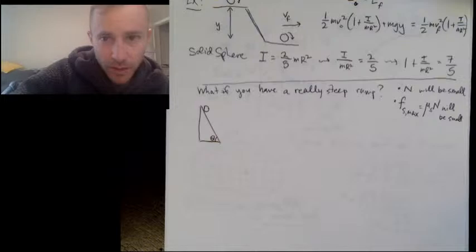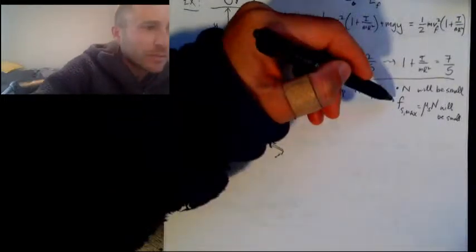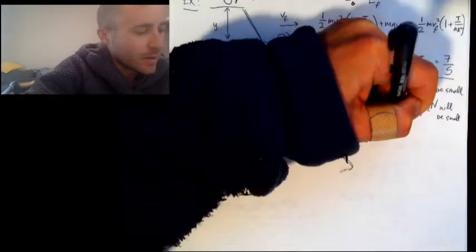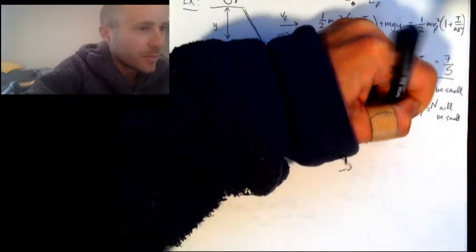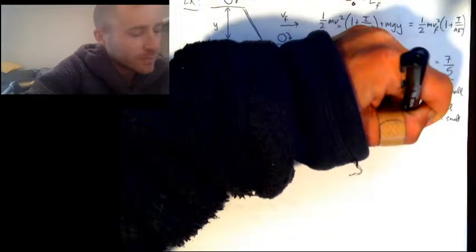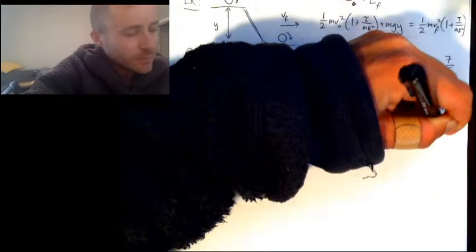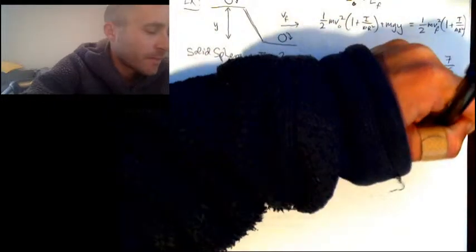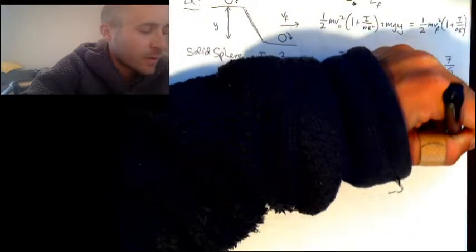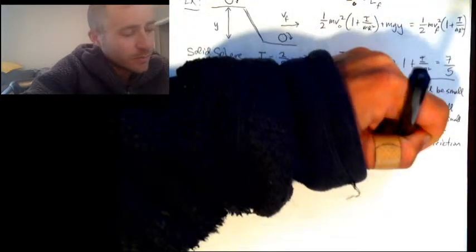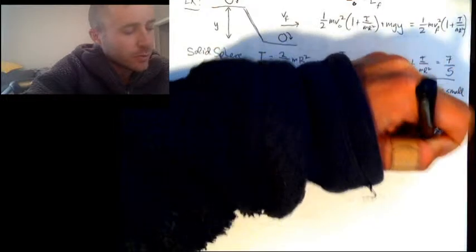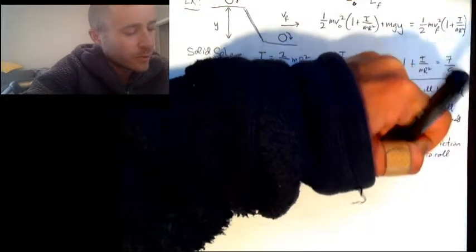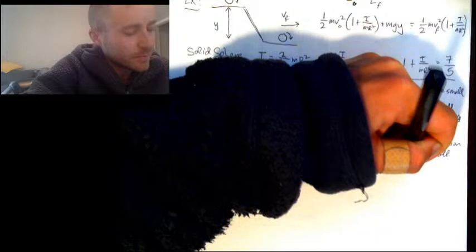So this static friction may not be enough. There may not be enough friction for the object to roll without slipping. So it might slip.